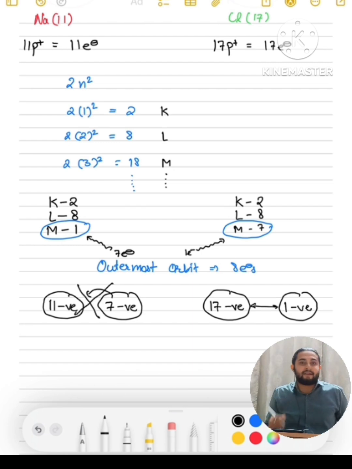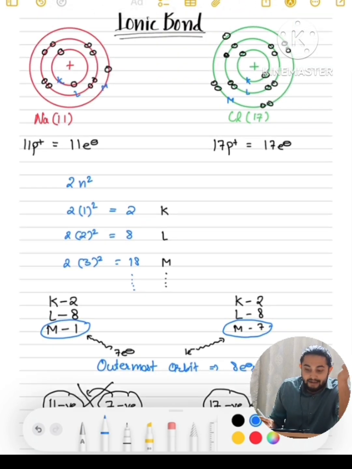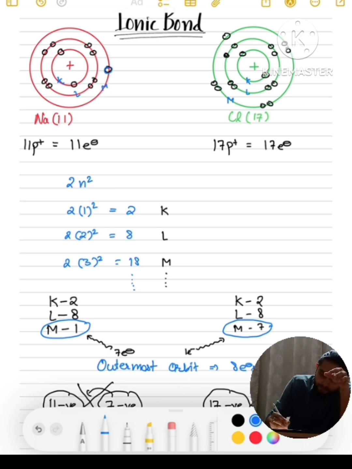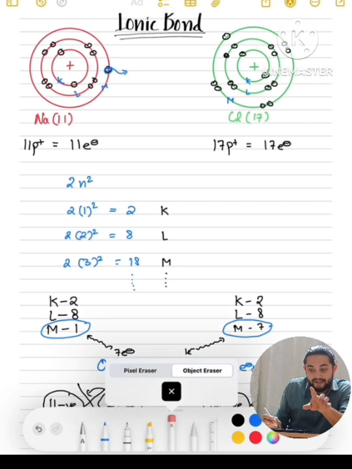Now sodium is wondering and thinking if it may never be able to get stable in its life. While it was thinking about this, sodium just ended up getting an idea, and the idea was, let me share it with you. If I may throw this outermost electron away, then my outermost shell, which is M, will become vacant, correct?